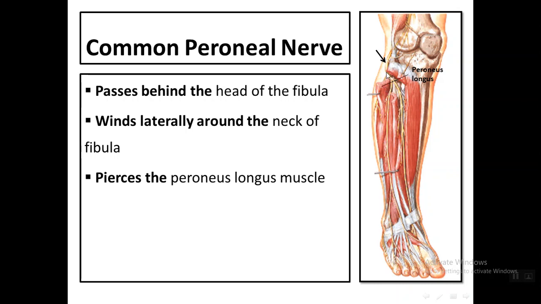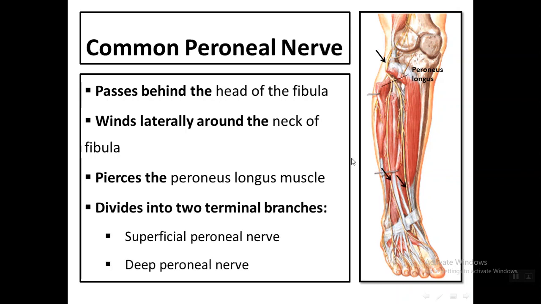The nerve will pass through or pierce this peroneus longus muscle, and as it passes through this muscle it will divide into two terminal branches, which we see here. This is the superficial peroneal nerve, and the other is the anterior or deep peroneal nerve. The superficial peroneal nerve will go to the lateral compartment of the leg, and the deep peroneal nerve will supply the anterior compartment of the leg.